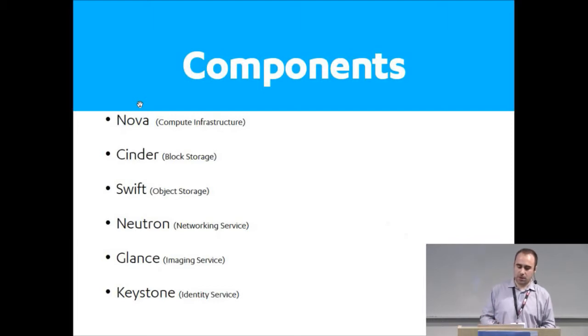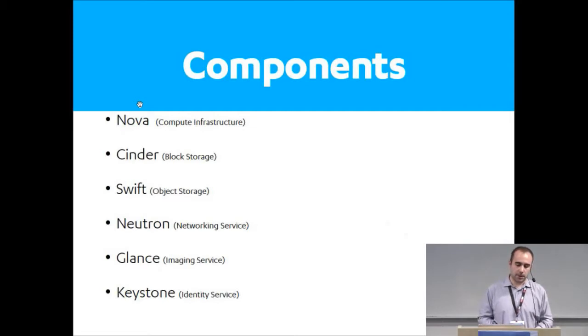Cinder and Swift are the storage part, either block storage or object storage. And if you are familiar with Amazon, you can think of something like S3 or EBS volumes. They are quite essential, actually, for the IaaS platform.